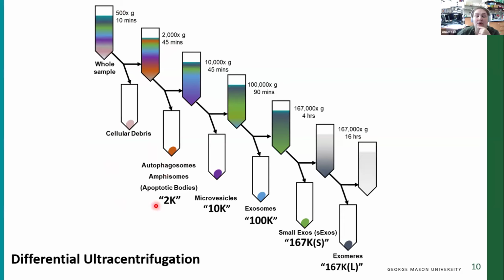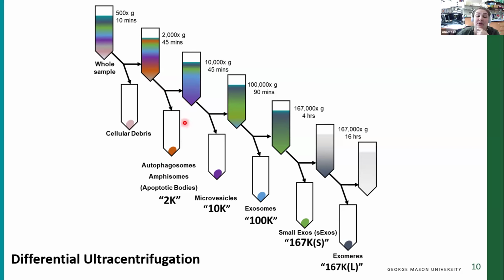This pellet now brings down our first extracellular vesicle population, which we're going to call 2K, based on the spin speed that they were collected at. And these 2K populations are going to have a variety of the larger extracellular vesicles, including our autophagosomes.